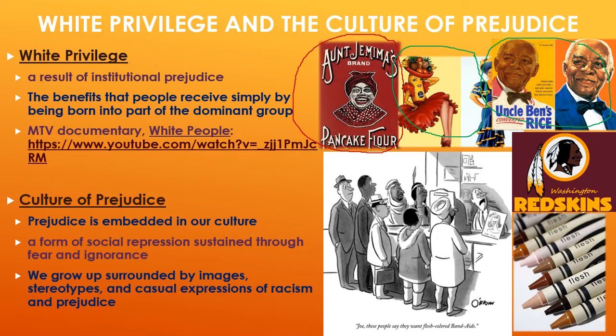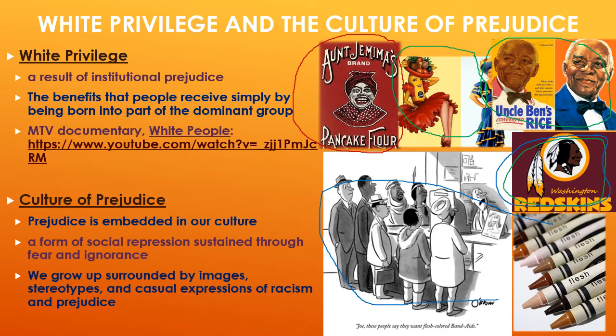And then, of course, it's been in the news recently, the Washington Redskins, which is now going to be renamed in light of the recent upsurge in recognition of our institutional racism in this country. And then down here, there's a little cartoon.